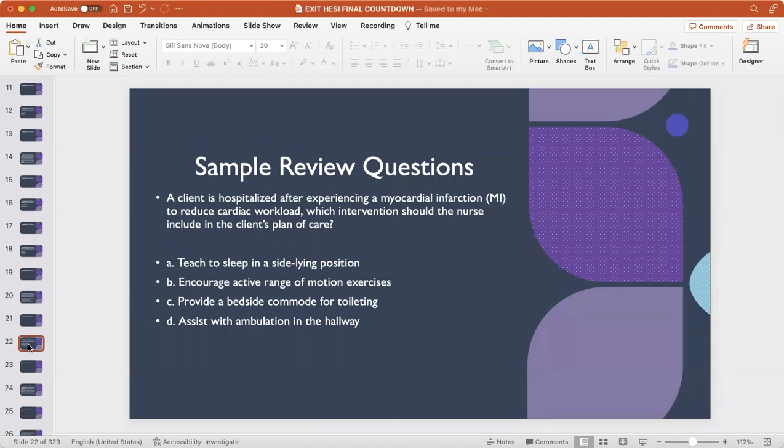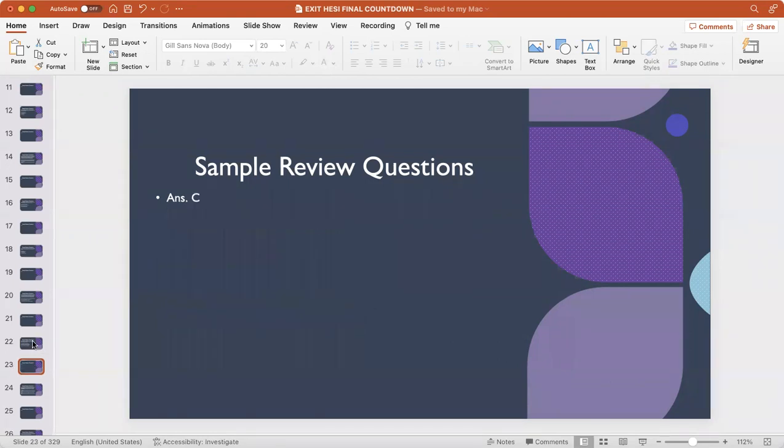Or D, assist with ambulation in the hallway. C. C. B. Okay. C is in the lead.